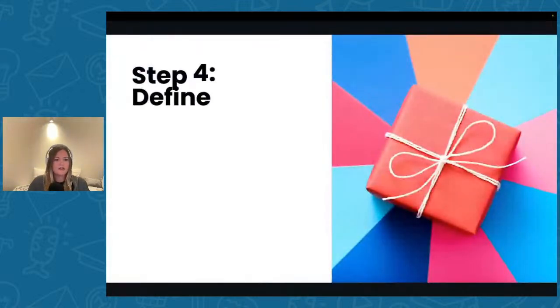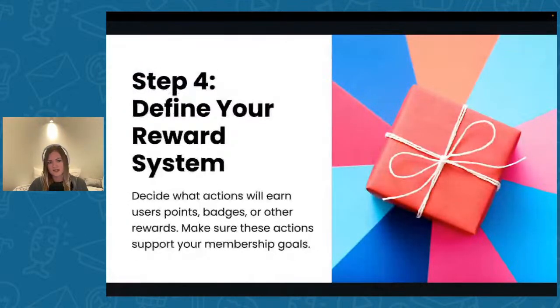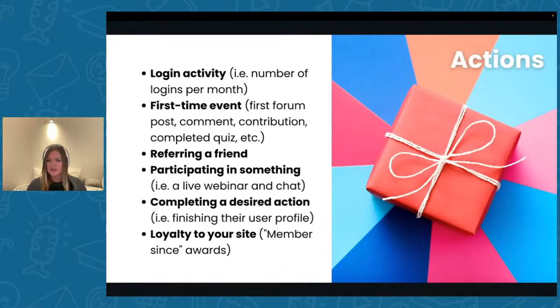Step number 4, define your reward system. Decide what actions will earn users points, badges, or other rewards. Make sure these actions support your membership goals. So here are some examples of actions that you might want people to take that would trigger a reward.